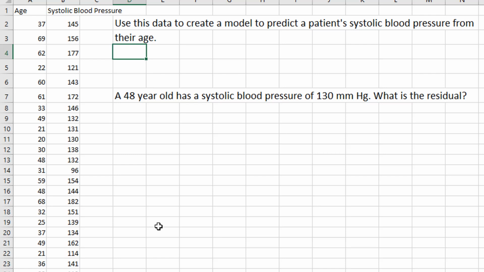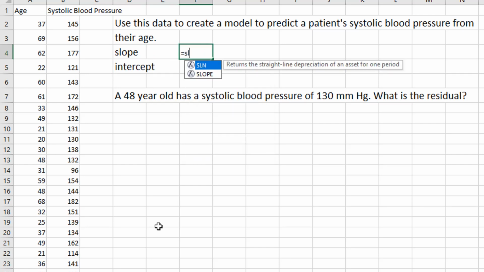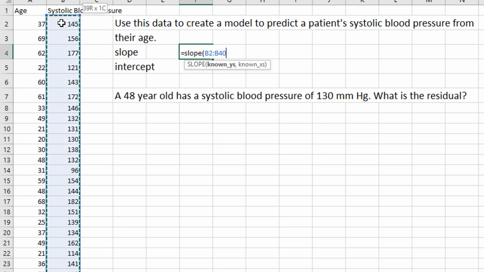I'm going to just use the formulas this time for the slope and the intercept. I'll put them here. The slope, of course, SLOPE. And remember, I put in equals first. Equals tells Excel that you're using a formula. And I'm going to take their known Y's, the systolic blood pressures. I can select them all in one. It's all on the one sheet.